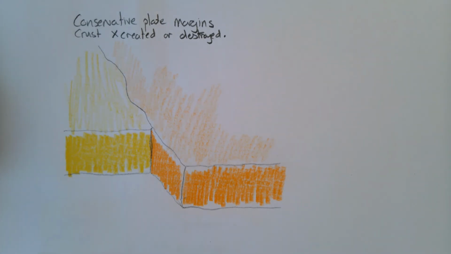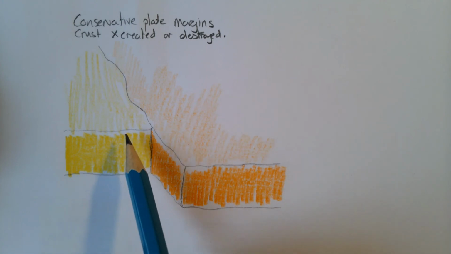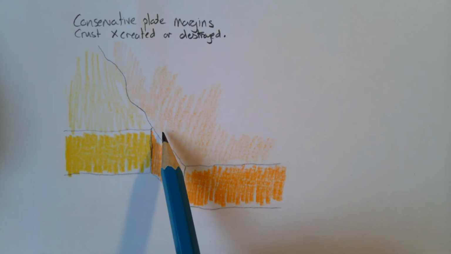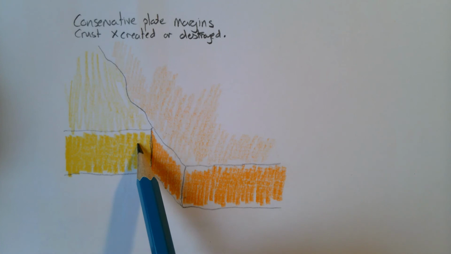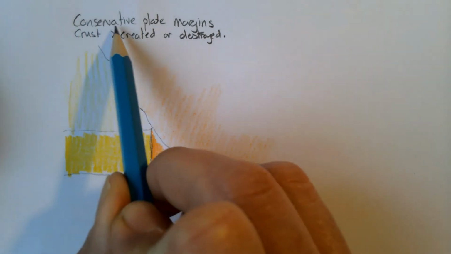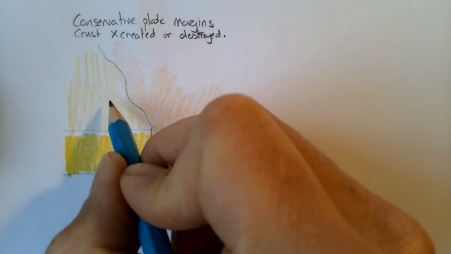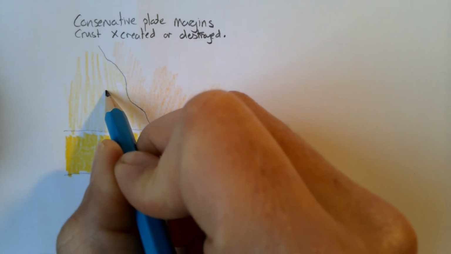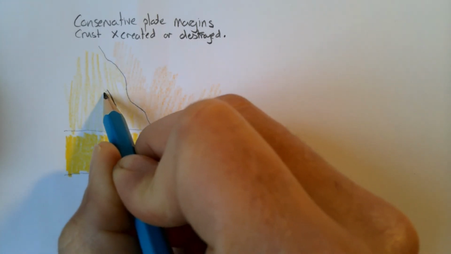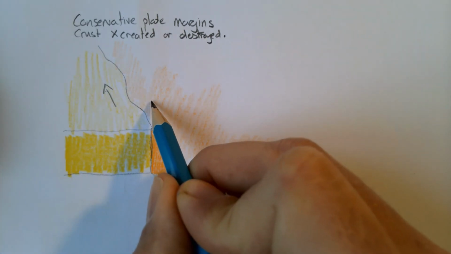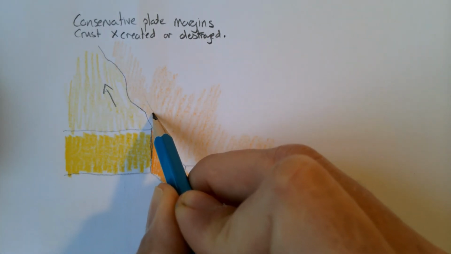So what is going on? Well, here we see the boundary between two tectonic plates. And at a conservative plate margin, the direction of movement is that these plates are moving past each other, or they are sliding past each other. So this plate may well be moving in this direction, and this plate may be moving in this direction.